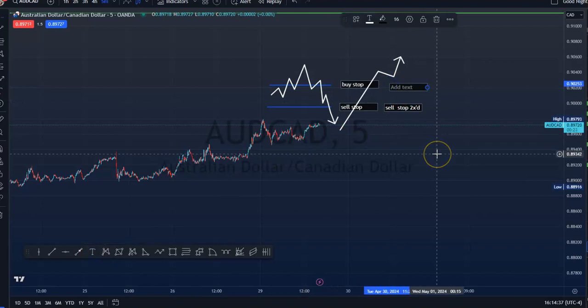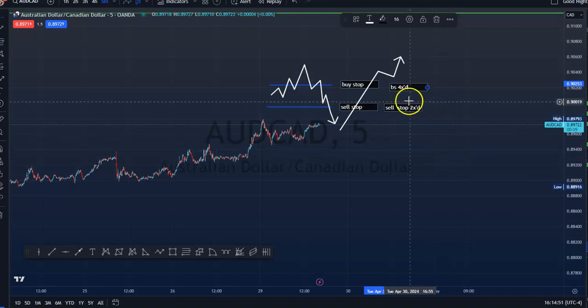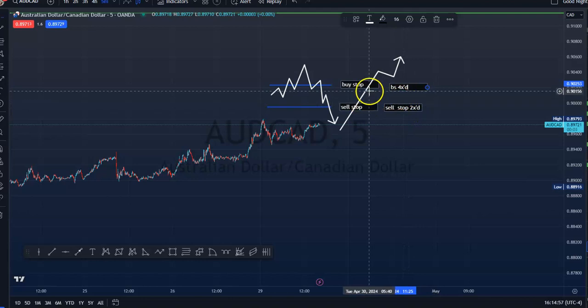And this buy stop is now 4x, from the original, 2x from this one.